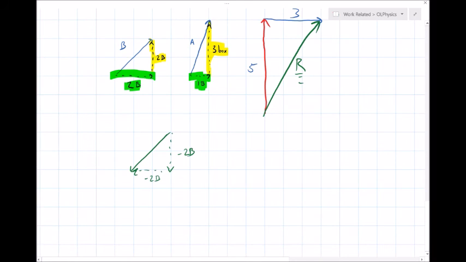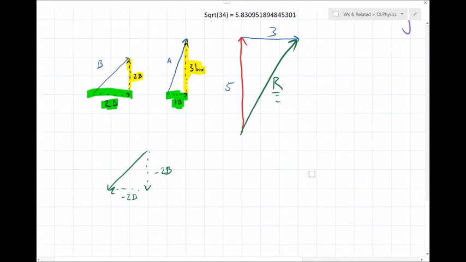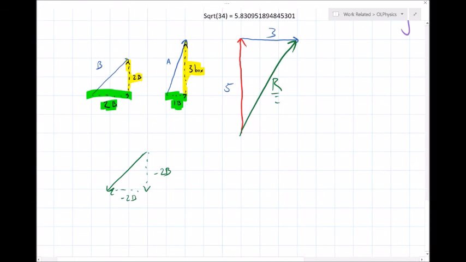So if we were to add this to vector A, we're actually going to get something a little bit different. We're going to have a vector that is up 3 and across only 1. We'll talk about this more in the next video. So just keep that in mind. If you're not understanding that part yet, don't worry about it. We're just talking about directions as well as we add vectors.